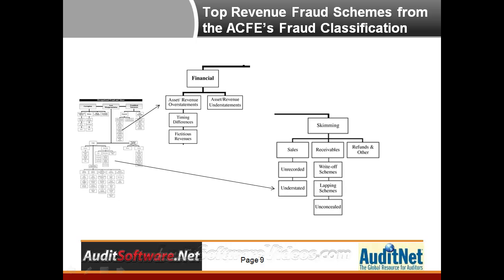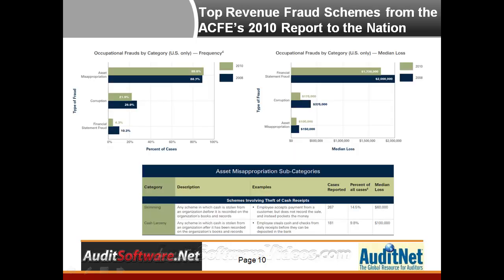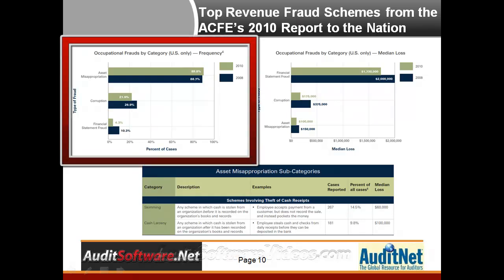But asset and revenue overstatements, as we go to our next slide here, you can see up at the top, from a frequency point of view, that financial statement fraud is very low as a percent of cases. That's the top left screen.